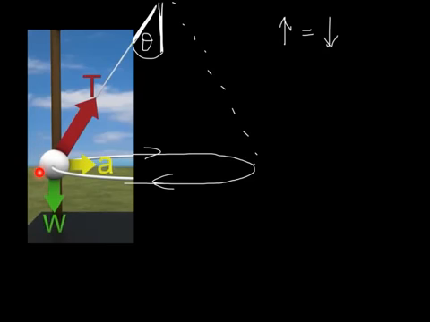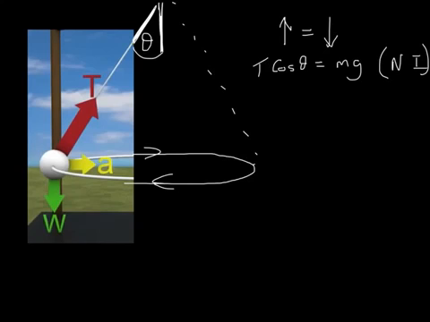Those two are in equilibrium. Now we can write an equation for that and say that T cos theta is going to equal mg. And that's really like applying Newton's first law. There's vertical equilibrium, therefore the upward and downward forces must be in balance.